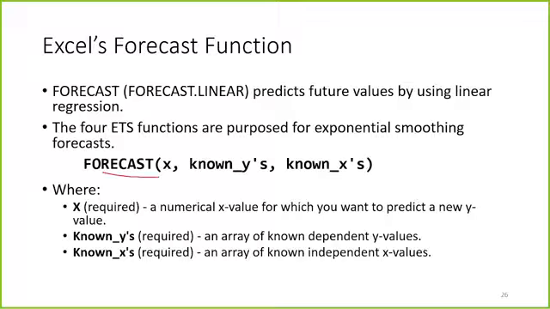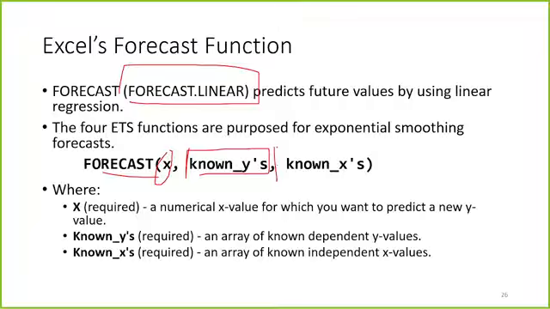FORECAST is the old version, so right now in the new version they force you to use FORECAST.LINEAR. You give it an X, and it comes up with the Y from the regression, so you need to give it the known Y and known X. These are all the requirements for the forecast function.